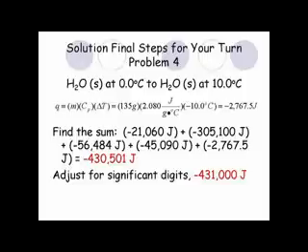This gives us a value of 430,501 joules, and please make that a negative 430,501 joules. We'll adjust that for significant digits so that we have 3, and adjusted it will be negative 431,000 joules.